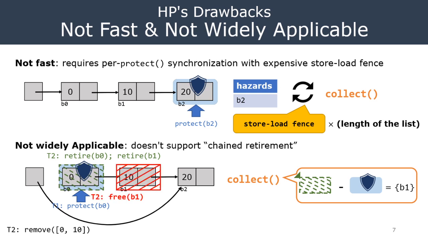Suppose that B1 is freed now, because there is a collect function that invokes such changes. But now the problem is that T1 protected B0 and it wants to traverse to the next node, so T1 will access B1 and dereference its contents. But this is a use-after-free, because B1 has already been freed by T2 before T1 advances to the next node.